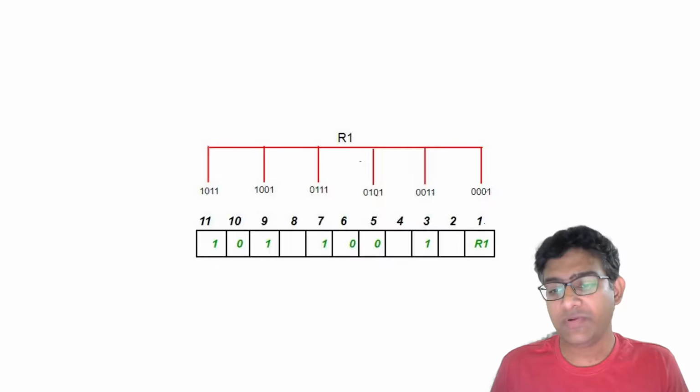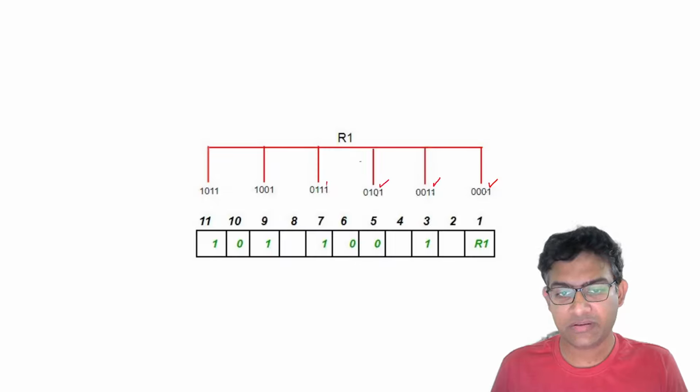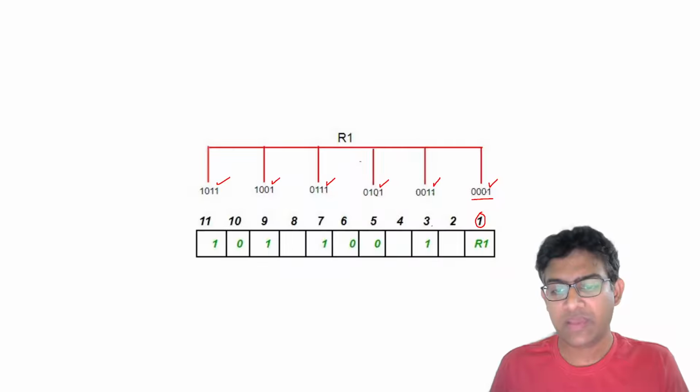Okay, to be able to figure out R1, you only consider bit positions where the rightmost bit is a 1. So position 1, if you write this position in binary, you get 0 0 0 1. If you write 3 in binary, you get 0 0 1 1.